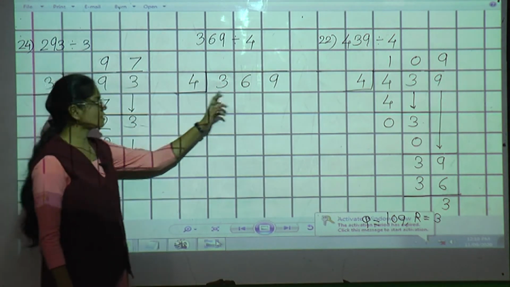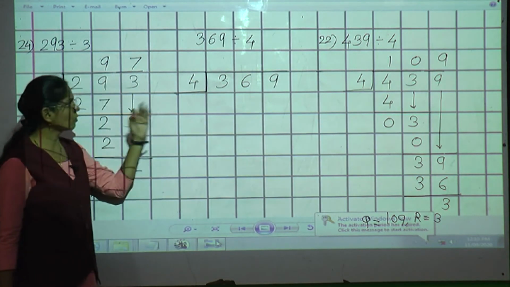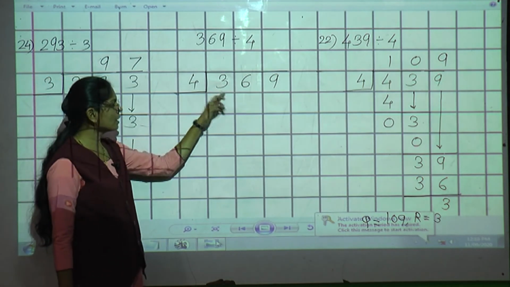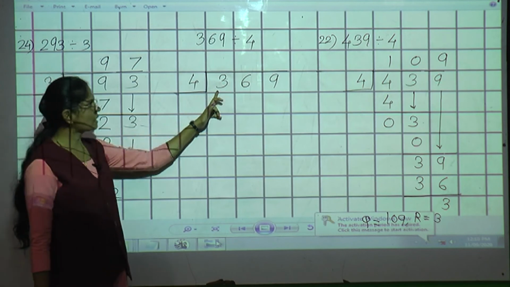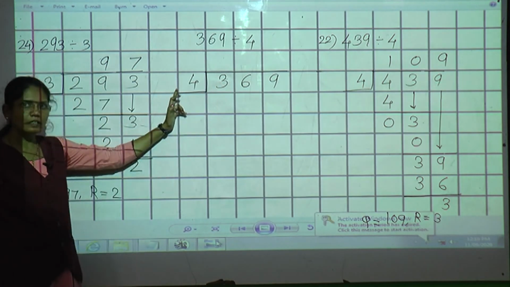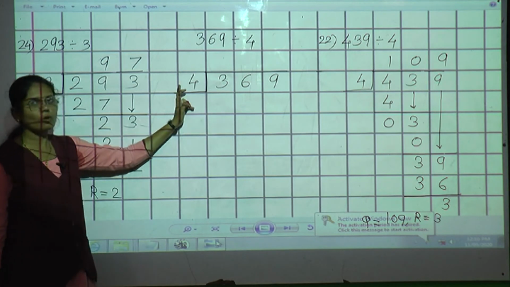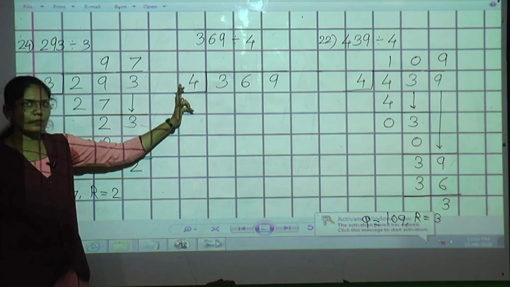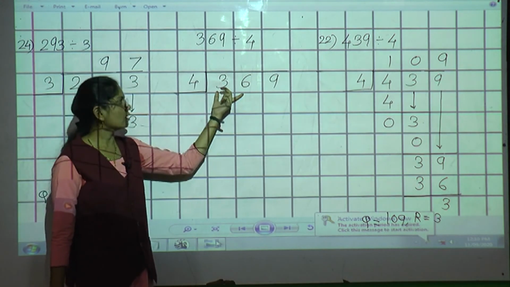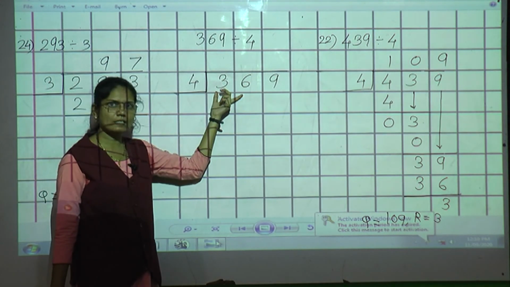See, 369, it is a 3-digit number. Okay, so we'll start from the hundreds place. First divide the hundreds, but see, in the hundreds place here 3 is there and 3 is smaller than divisor. So here 3 by 4 we can't do. So what we will do? Yes, these two numbers we will take together. So here we have 36 number.